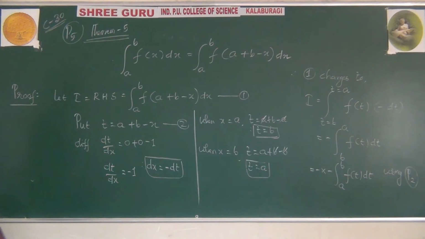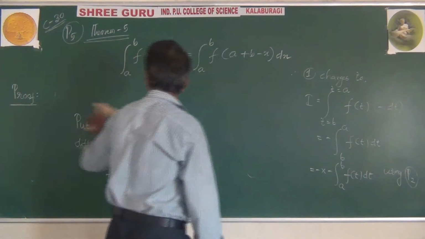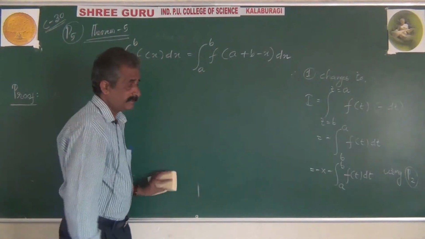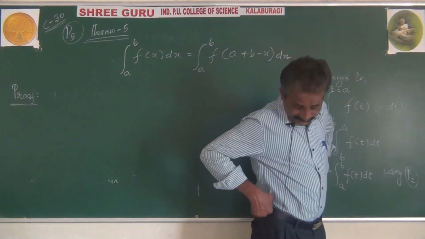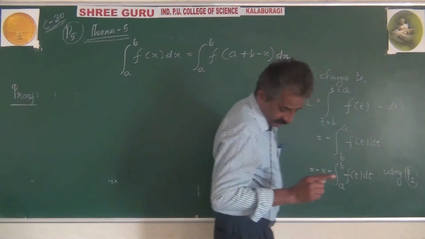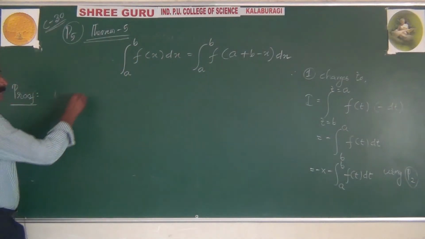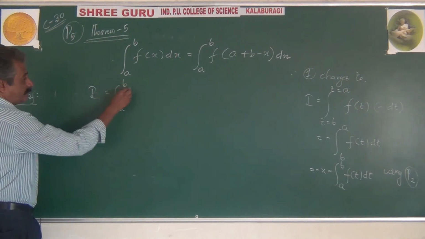Now minus into minus will become plus. Second property says that in a definite integral, whenever limits are interchanged, value remains same but changes in sign. Next, I equal to integration a to b f of t dt.